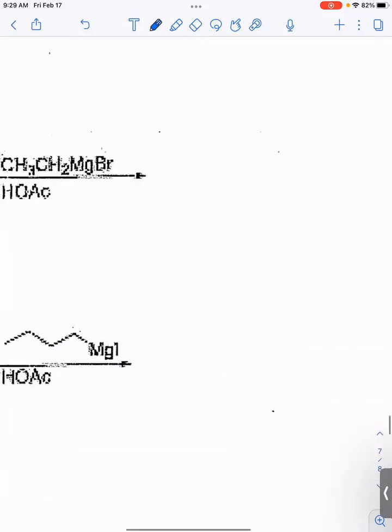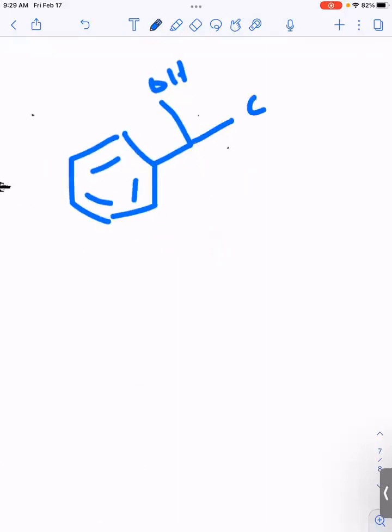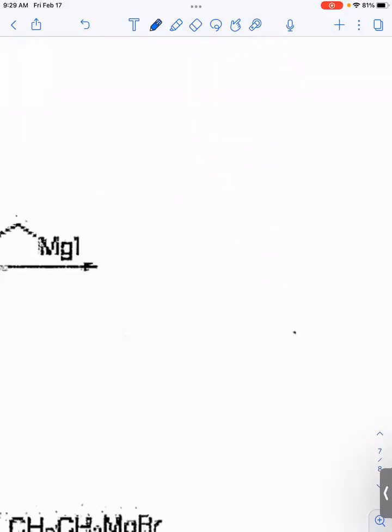And we said the product was an alcohol that looked like this. Is that right? Then we did that one on Wednesday. Yes. And this one.